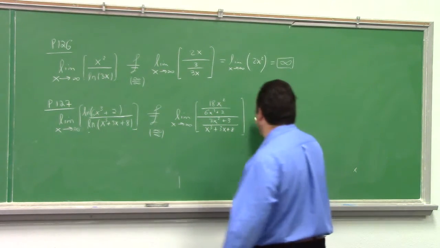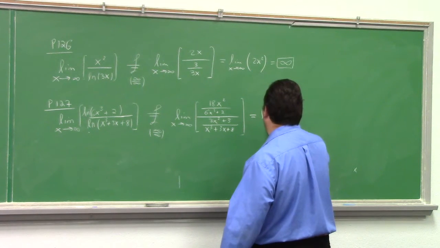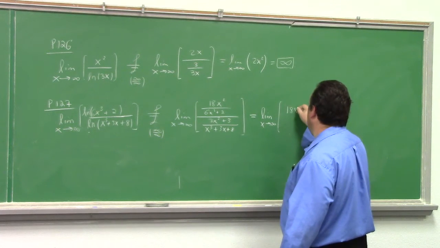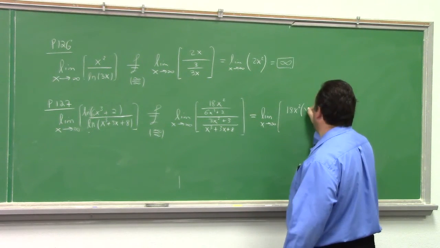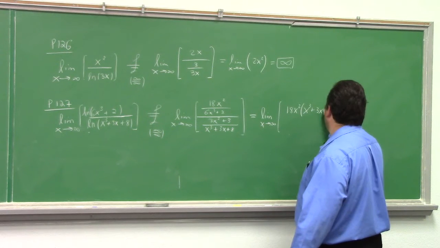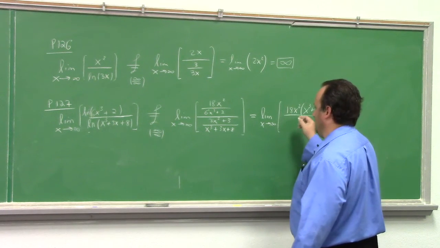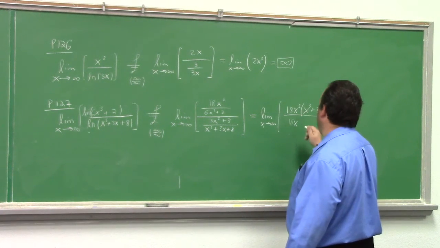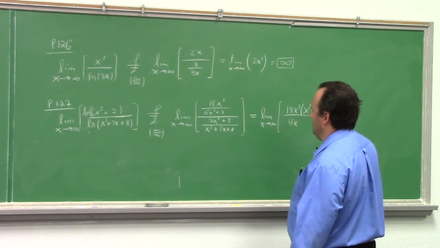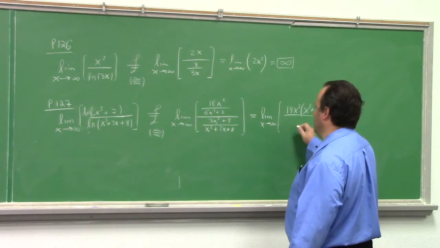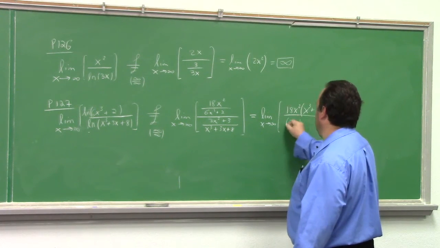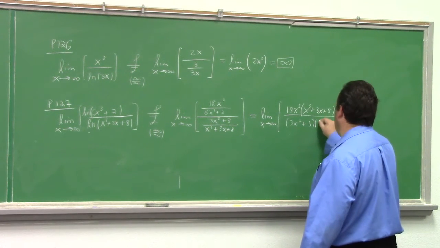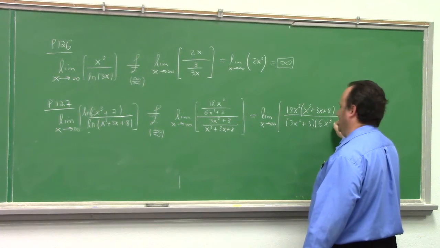And then I'll do some algebra. So I get 18x squared times x cubed plus 3x plus 8 divided by 18, not 18, why did I get 18 there? Oh, because there's an 18, duh. So 3x squared plus 3 times 6x cubed plus 2.